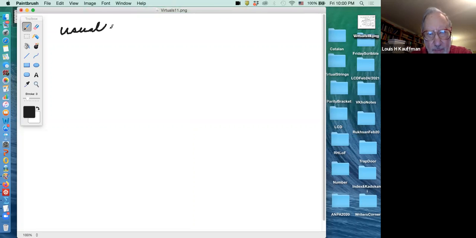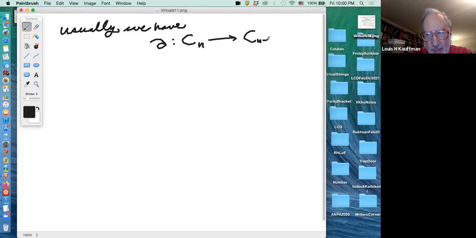So usually we have boundary taking some n-dimensional thing to an n-1 dimensional thing. We're raising the index, but this is just bookkeeping. But I'll put it this way, where these are n cells, and these are n-1 cells.